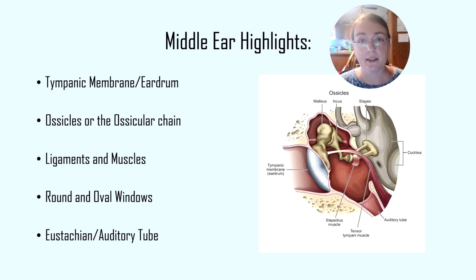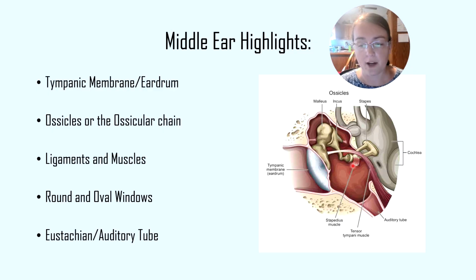So the highlights of the middle ear, the things that we want to be sure to remember. Of course, at the beginning, we have the tympanic membrane, the eardrum right here. And we need that to be able to hear. The sound that comes through the outer ear makes this vibrate, and that will vibrate the ossicular chain of the ossicles. Those are the little bones, the malleus, the incus, and the stapes, which are also the smallest bones in our bodies, which is kind of cool to know.